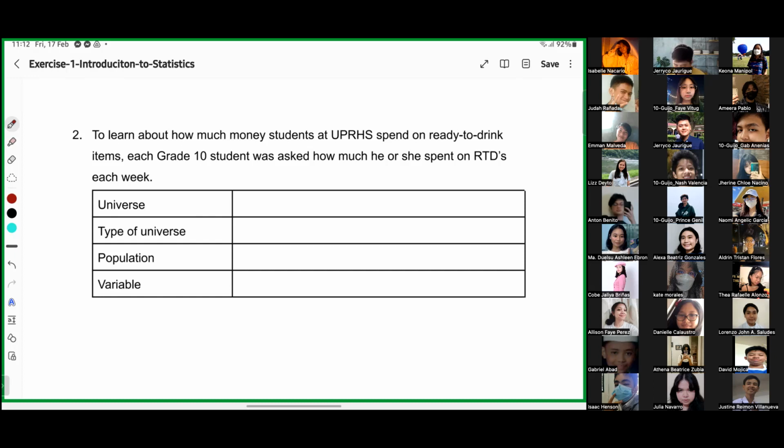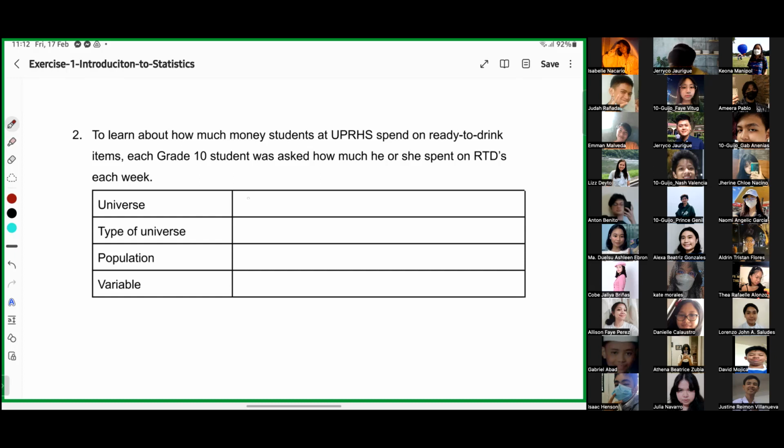To learn about how much money students at UPRHS spend on ready-to-drink items, each grade 10 student was asked how much he or she spent on RTD each week. Sir, do universe muna natin.